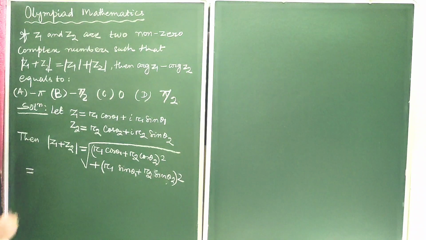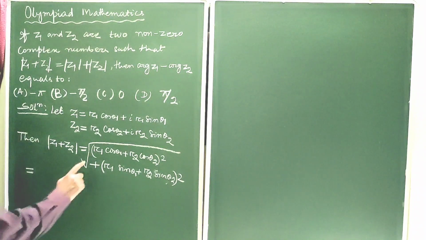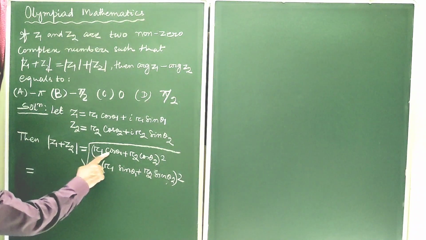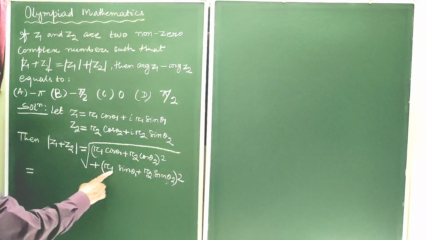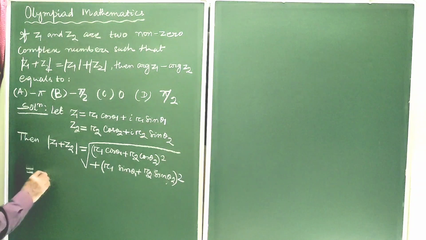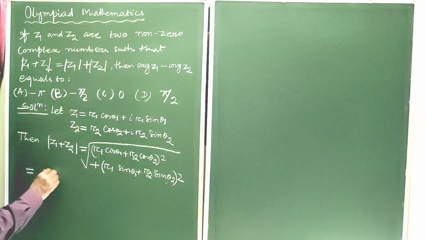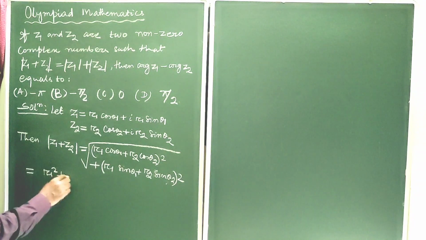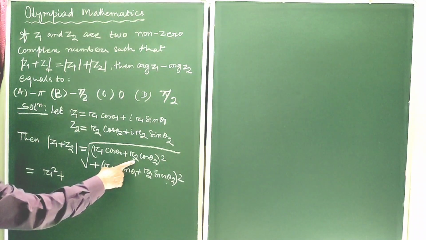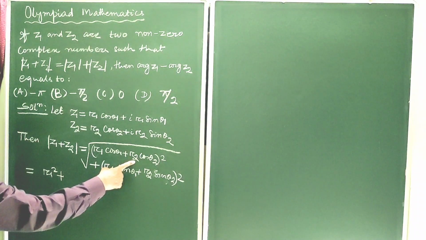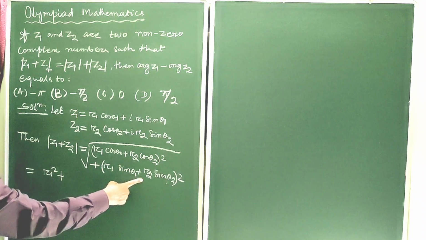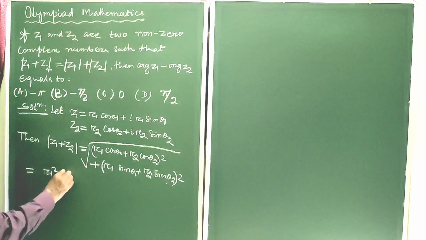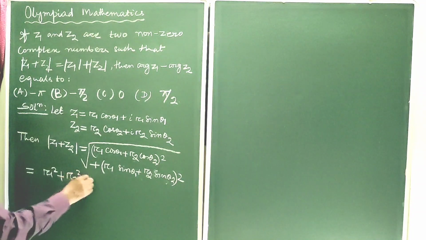This is equals to, here it will be R1 square cos square theta 1 plus R1 square sin square theta 1, so it will be R1 square. Similarly, R2 square cos square theta 2 plus R2 square sin square theta 2, so it will be R2 square.